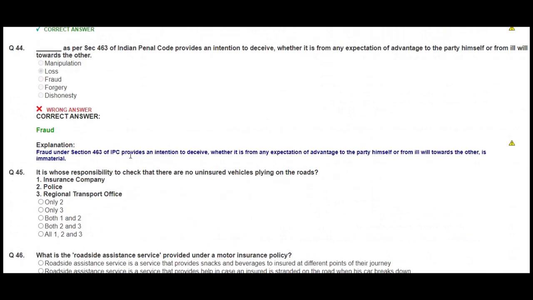Under Section 463 of the IPC, fraud involves the expectation of advantage to the party himself; whether ill will is borne towards the other is immaterial.